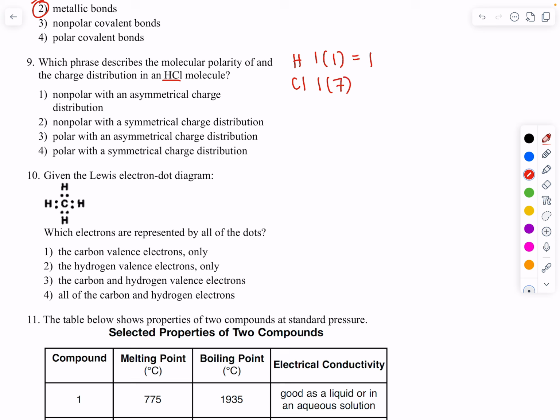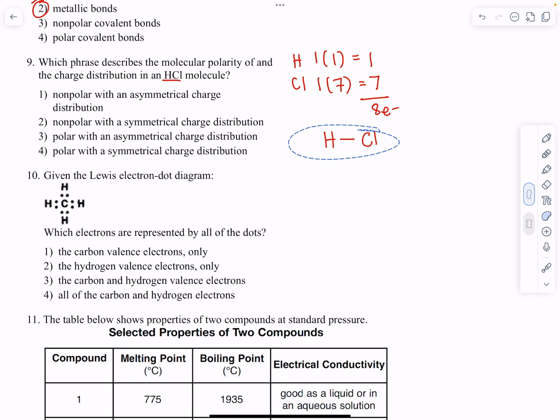You can check me on your reference table. So altogether I have 8 electrons to use. First thing I'm doing is connecting them with a bond. When I do that, I actually use 2 electrons, right? So I have 6 electrons left over.